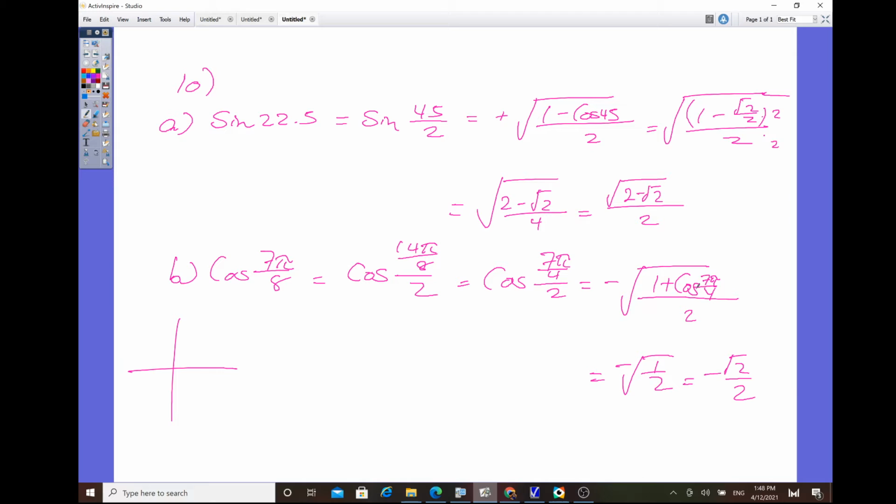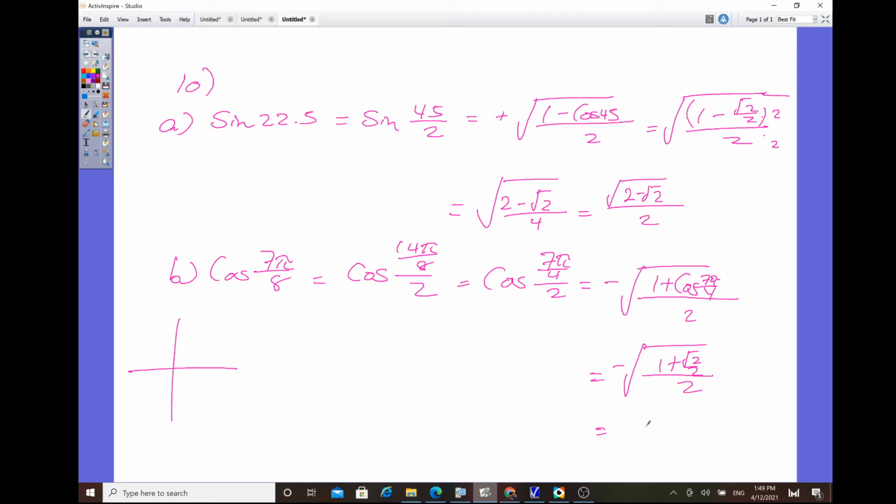Well, let's see, that one is not 0. Let me go back. Those are just the multiples of pi over 4: 3 pi over 4, 5 pi over 4, 7 pi over 4. So that's going to be root 2 over 2. So it's negative square root of (1 plus root 2 over 2) over 2.